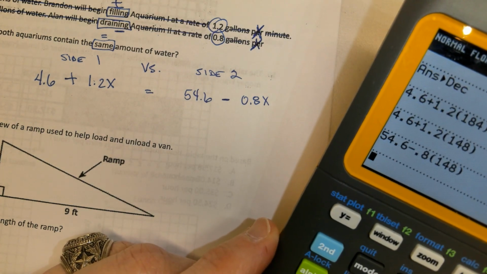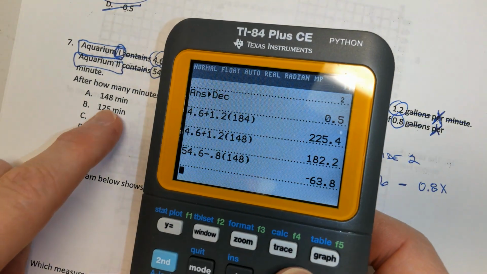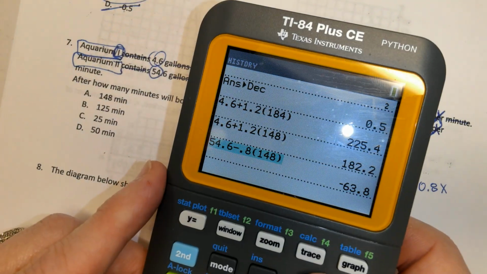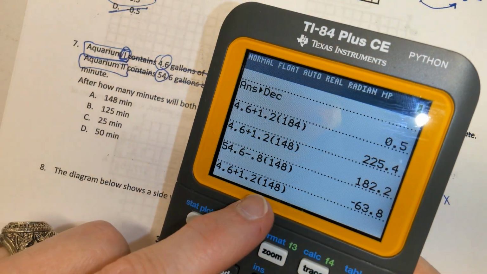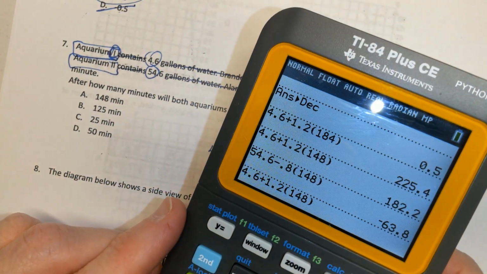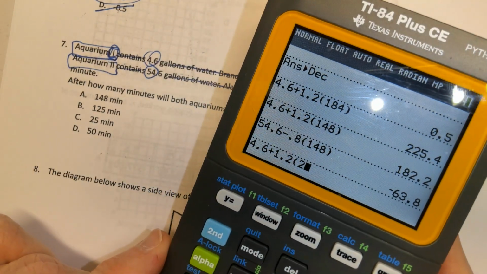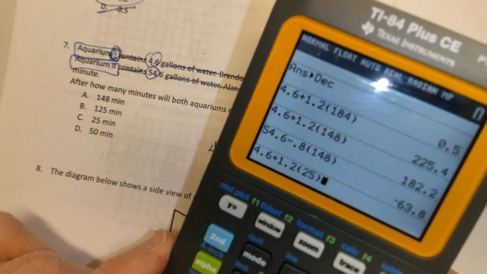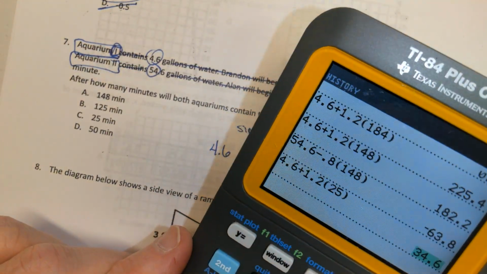No, it does not. And you would go through to each one of your answer choices. You can just go up here on these calculators and hit enter to put back in your x value. I'm going to jump down to C to say 25, because in my brain I think that's what it is. I have 34.6.